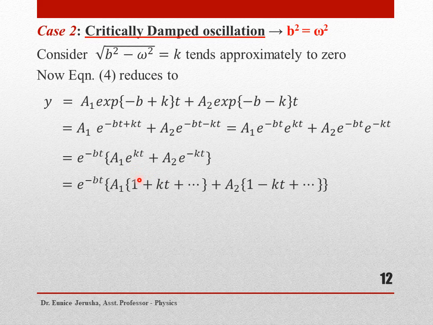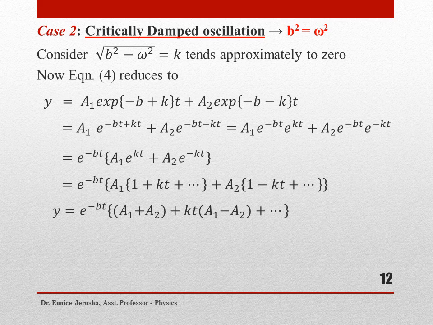E power kt is 1 plus kt plus kt the whole square plus kt the whole cube and so on. E power minus kt is 1 minus kt plus kt the whole square minus kt the whole cube and so on. Therefore, this second term a2 e power minus kt is a2 into 1 minus kt plus the rest of the terms for the exponential e power minus kt.